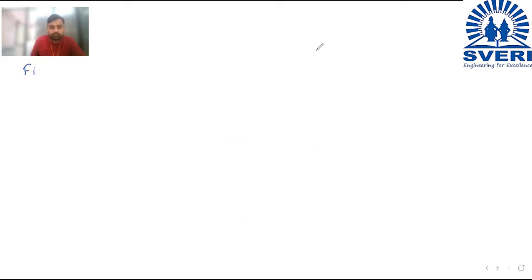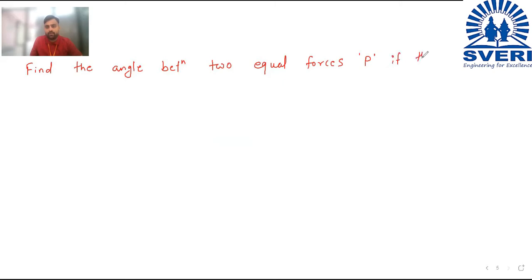Find the angle between two equal forces P if their resultant is P by 2.